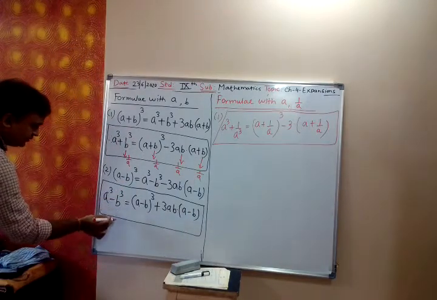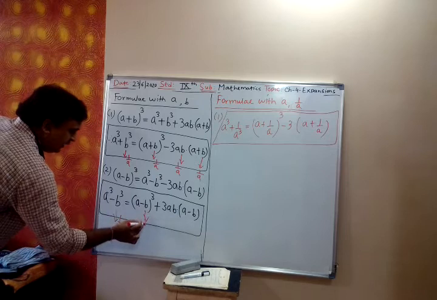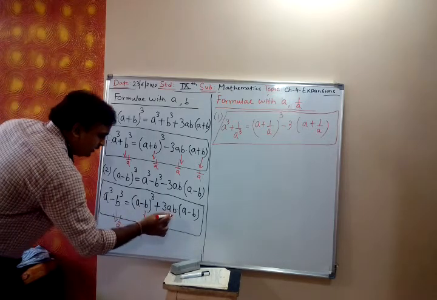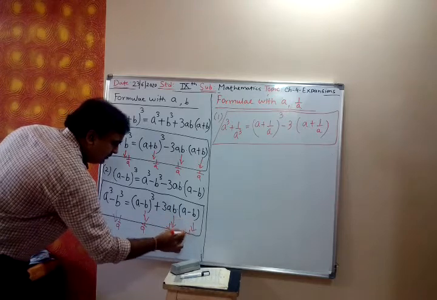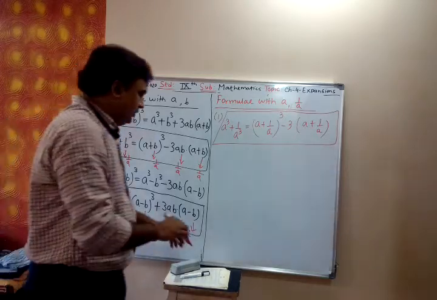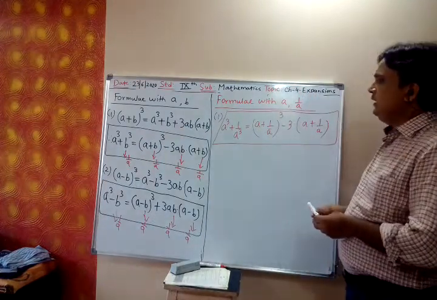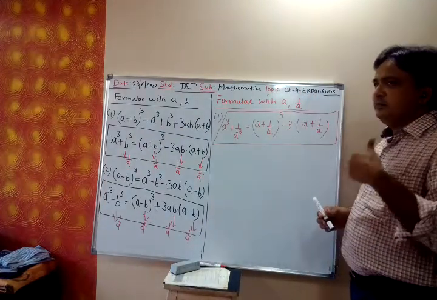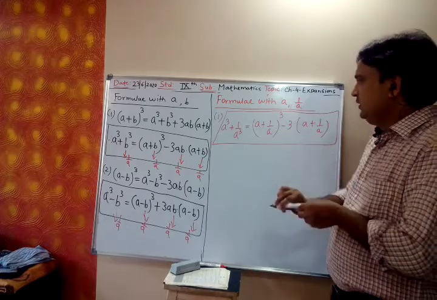Now in this also I will replace b by 1 upon a and get the formula for a cube minus 1 upon a cube. Replace b by 1 by a. So if you don't remember the formula for a comma 1 upon a, you write the formula for a comma b and replace b by 1 upon a.